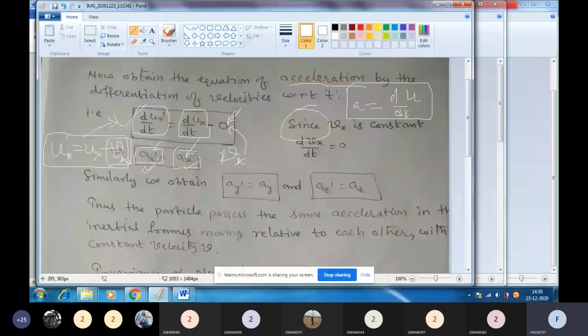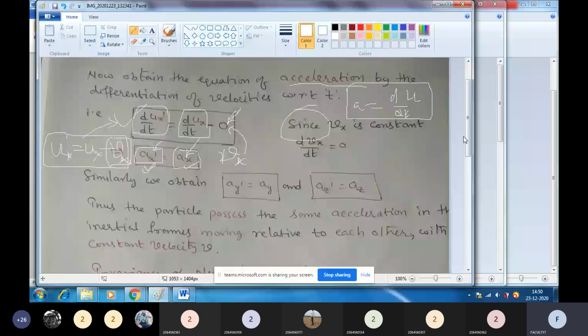If you consider another S double prime, there also you will get the same acceleration. There is no change in the acceleration. There is no variation, so it is invariant.